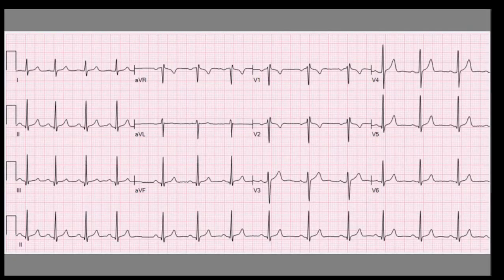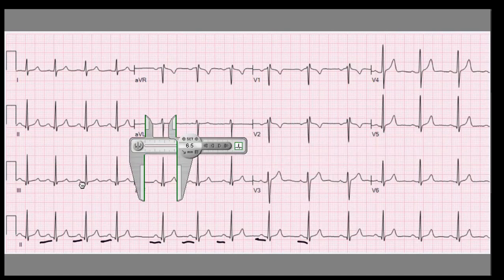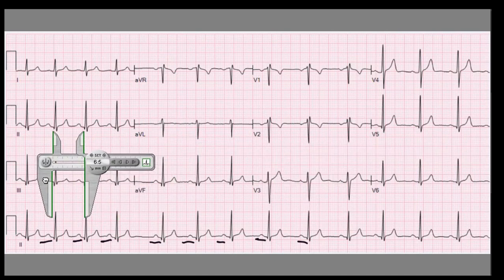So this is our second ECG and these are P waves, and yes, they look similar to me. Now let's see if the P to P interval is regular. Let's adjust the cardio caliper on P waves.